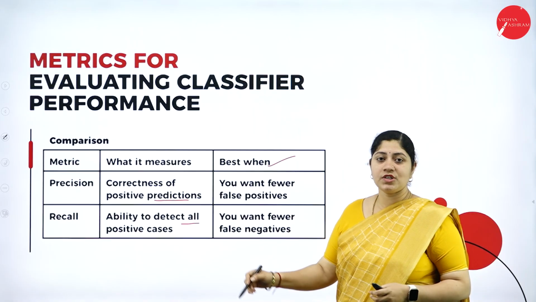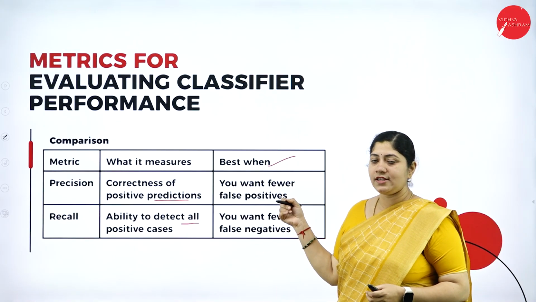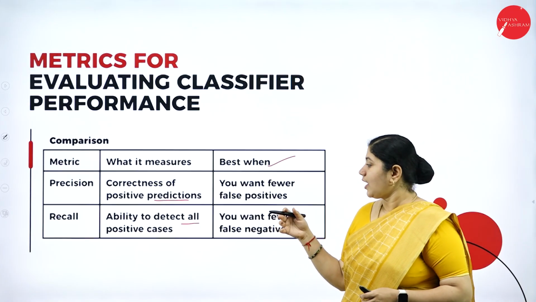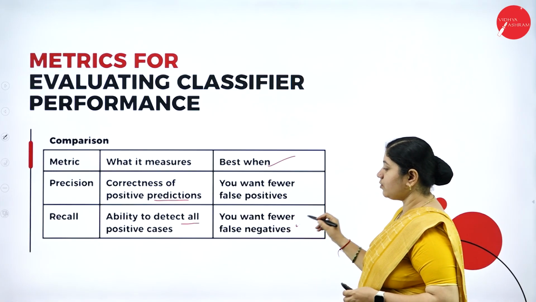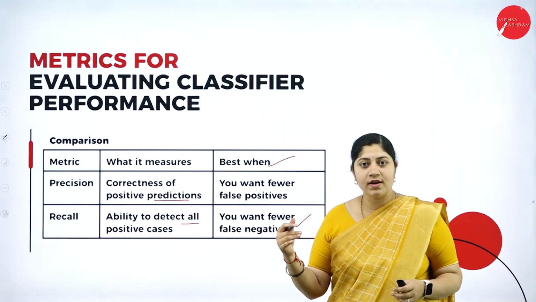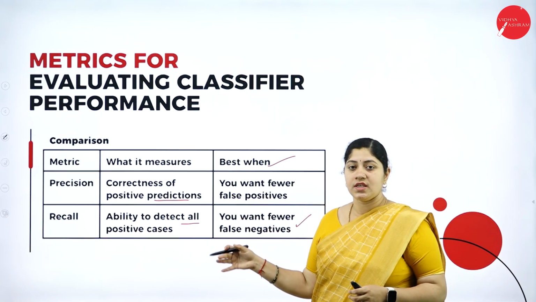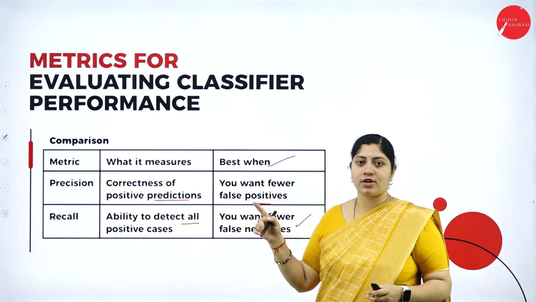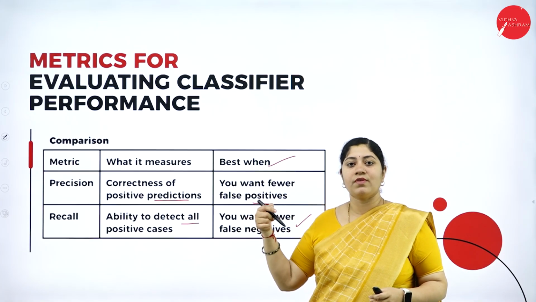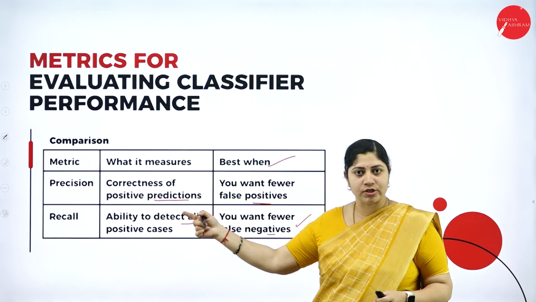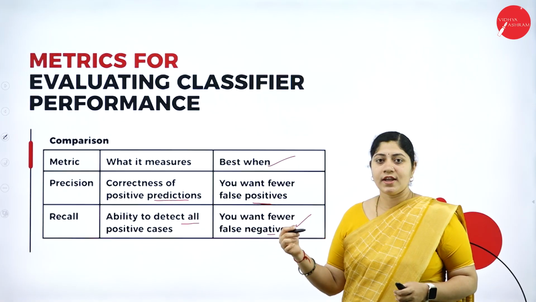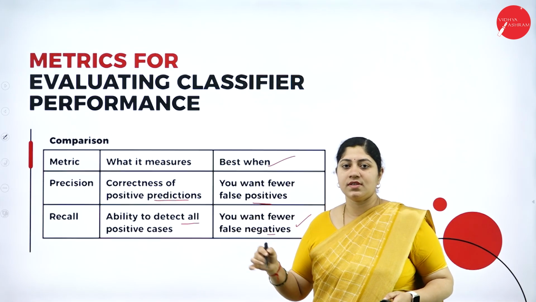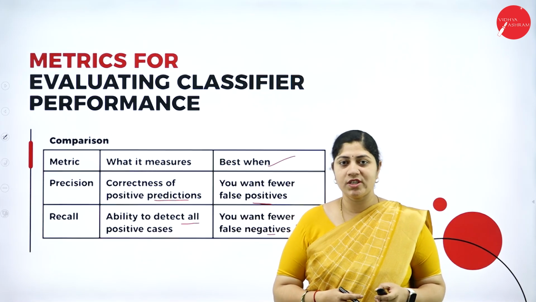Precision is utilized whenever we want very few false positives, and recall is utilized whenever we want very few false negatives. So this is the difference: false positive, false negative. Please note that false positives are very less under precision, and false negatives are less at recall. So this is the basic difference between these two.